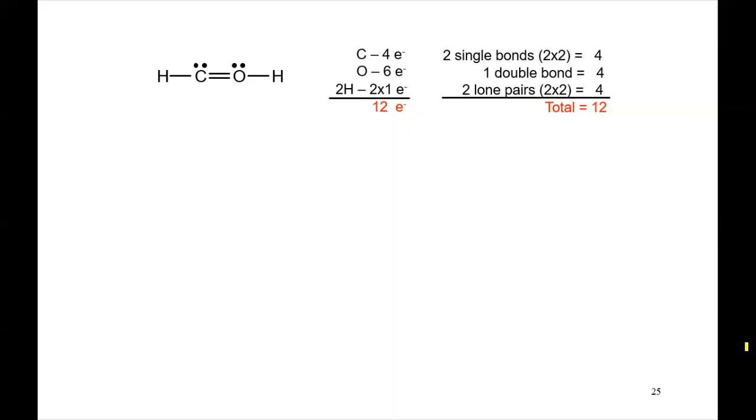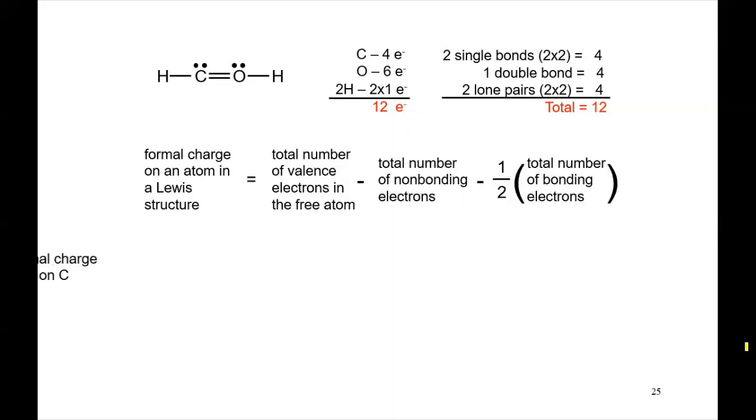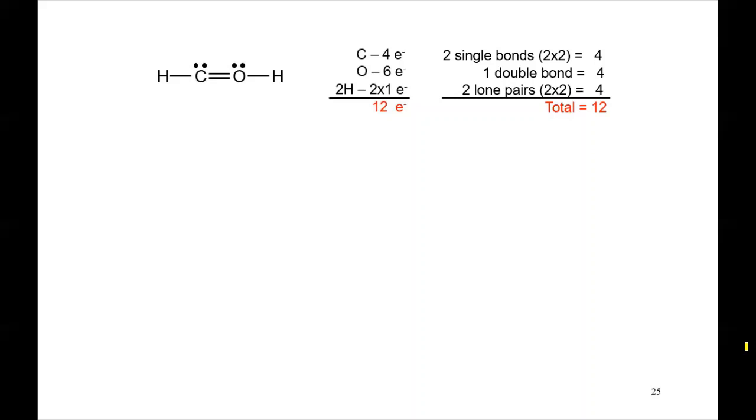Now let's check the octet rule. Oops, I forgot to do that. Anyway, hold on a second. Before we go here, let's make sure that this obeys the octet rule, correct? All right, so we look at carbon, and there are 2 electrons and then 3 bonds, which would be 6, that's 8, so that works.